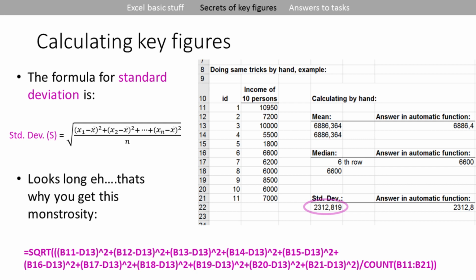And of course, one of the important numbers is the standard deviation, and you can calculate it by using this monstrosity, which is horrible. Don't do this, but this is the way if you want to do it by hand. You just click the cells you want to use in an equation one by one and construct this horrible function and calculate it by hand.